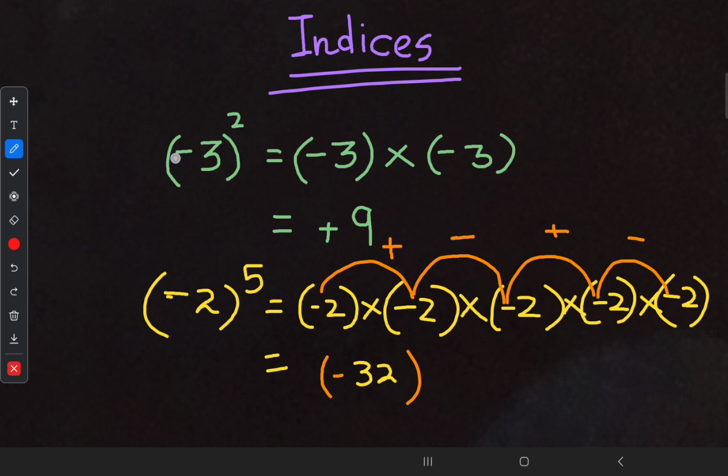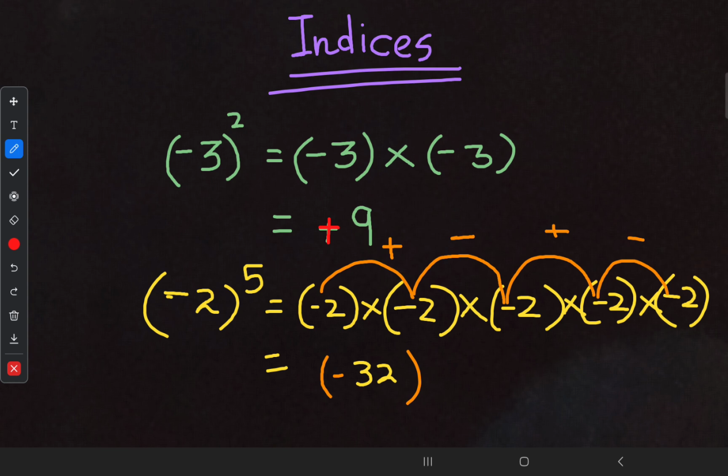When you deal with negative bases, if your power is an even number, that will give you the answer's direction as positive. I'm only talking about the direction, not the number.